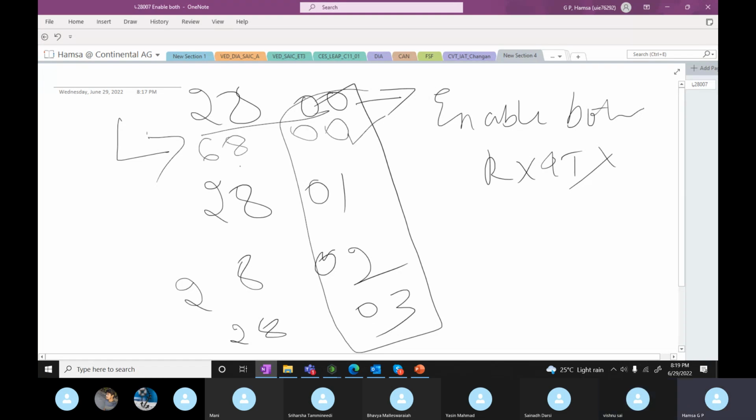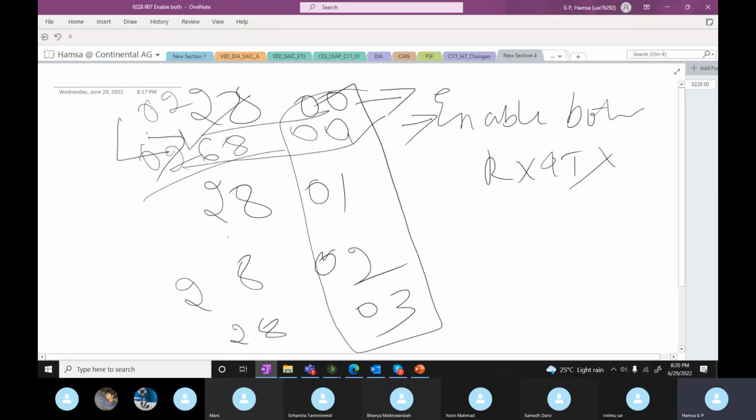If you get 68 00, you have enabled both RX and TX. By default, it will be enabled. If you are disabling and then want to enable, this is the request you will send to the ECU. What is the DLC here? Two. Very good. Here also 2. Very good.